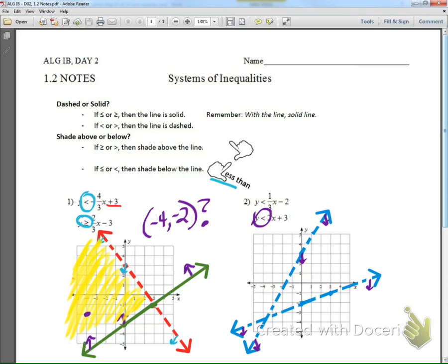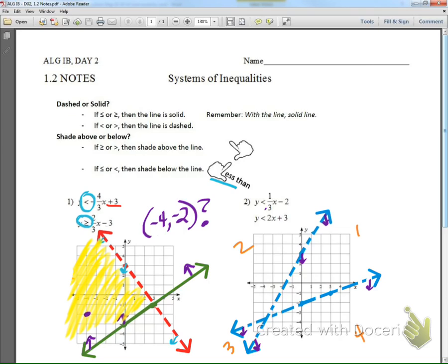Okay, so now looking at your guide arrows, let's look at our 4 sections. I'm going to go ahead and number them for you so that you know where I'm talking. I'm going to call this section 1, section 2, this little tiny section in here, section 3, and here's section 4.